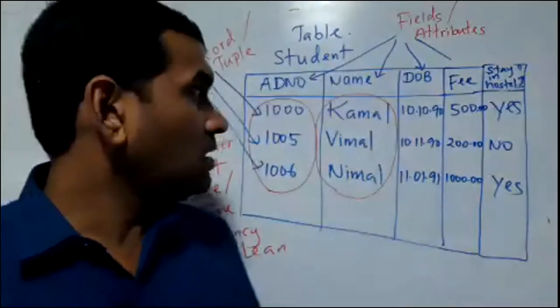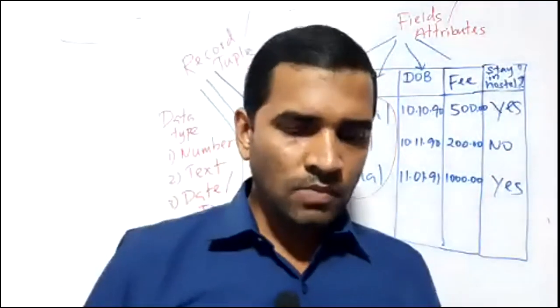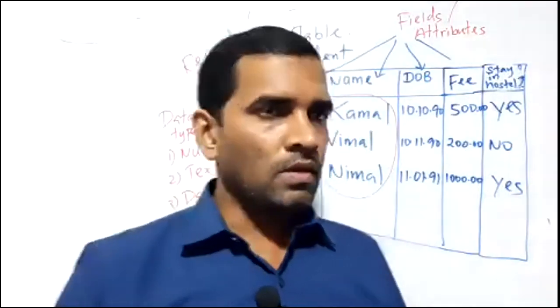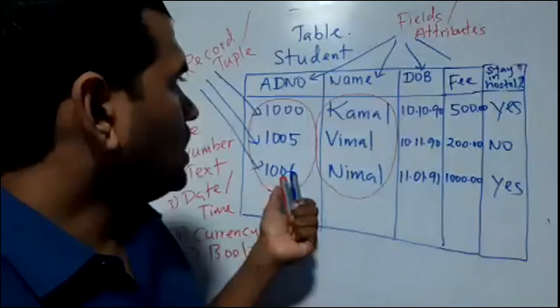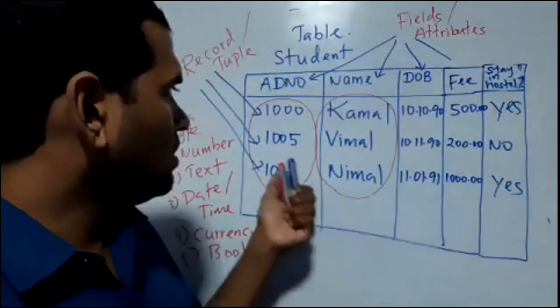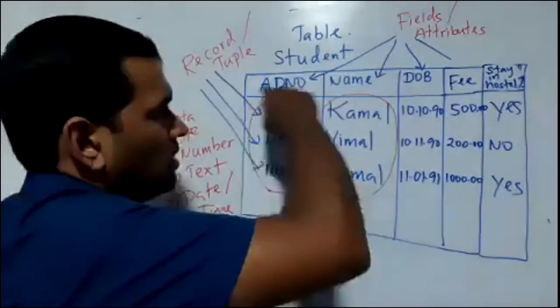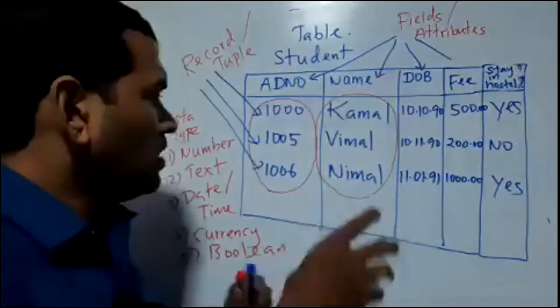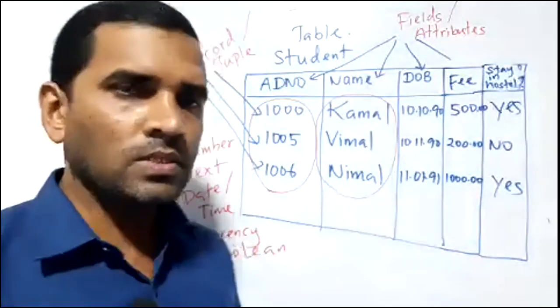Next, we should understand one more thing in this table, so let me explain that too. Have a look at this table and look at each field again. In the first field, you have data in number format.